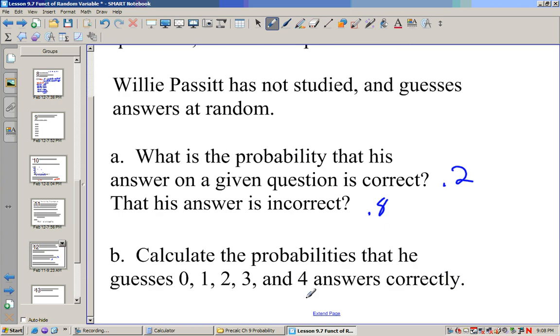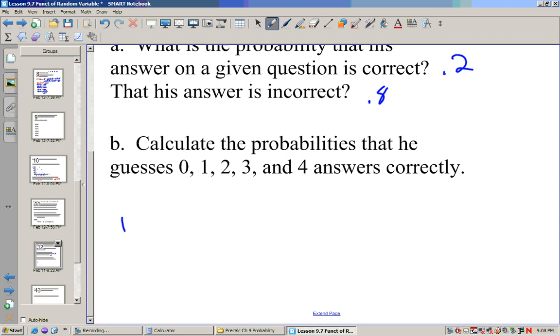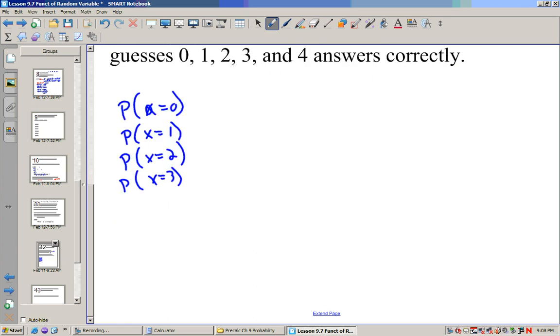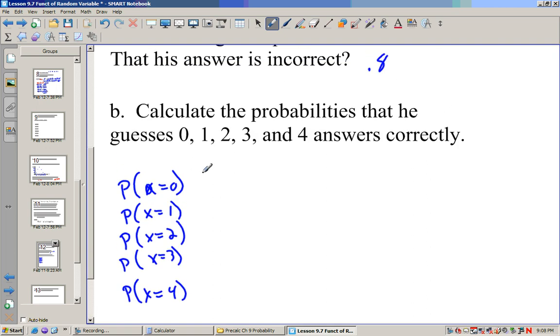So he has 4 questions. We want to find the probability of 0, probability of 1, probability of 2, probability of 3, and the probability of 4 questions being right. All right. So the probability that it's 0, we're going to do 4 choose 0.